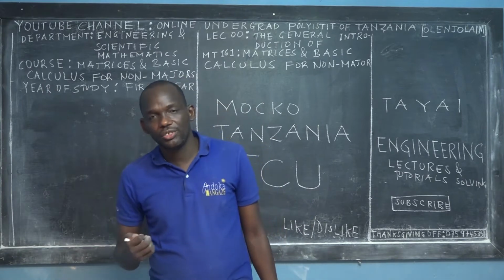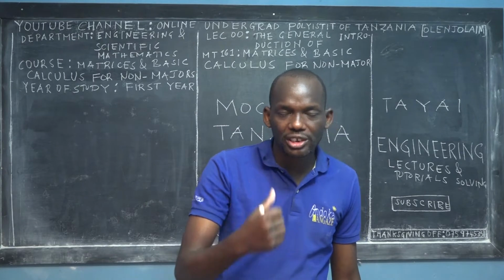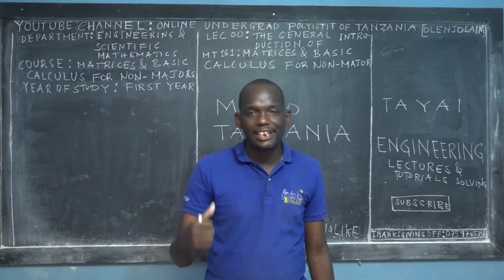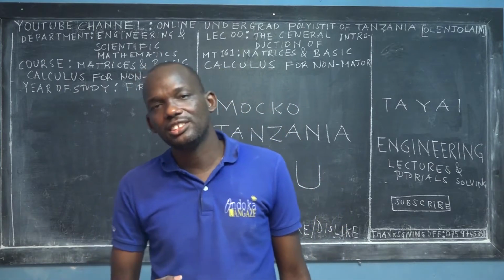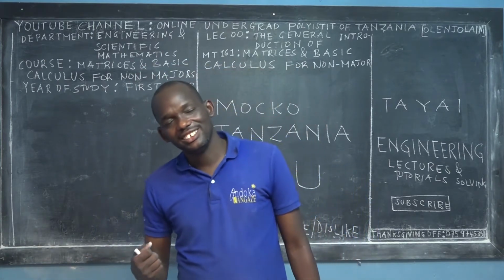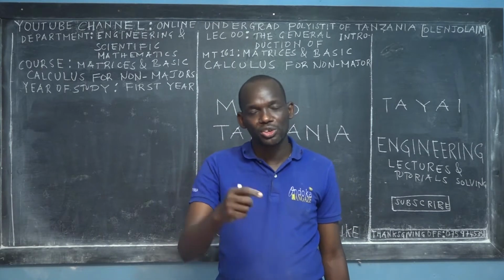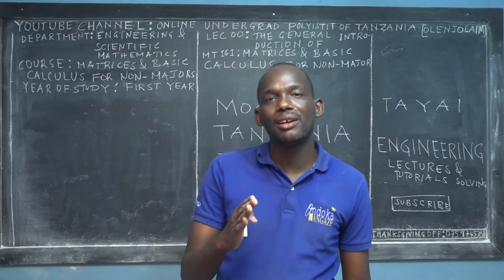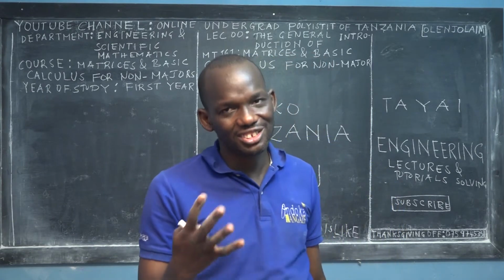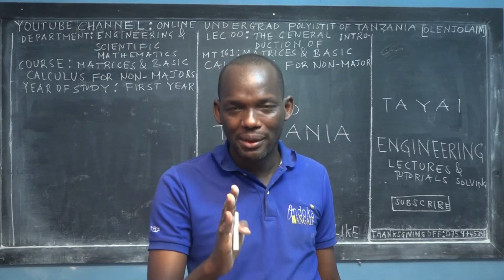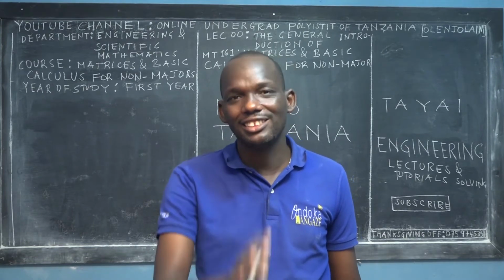Also, I'll mention the specific objectives that should be achieved by every student at the end of this course, and the contents of matrices and basic calculus. There are 60 topics that we have to cover together in order to accomplish this course. So stay tuned and get prepared to love engineering and scientific mathematics for non-majors. That's the promise that I give you.